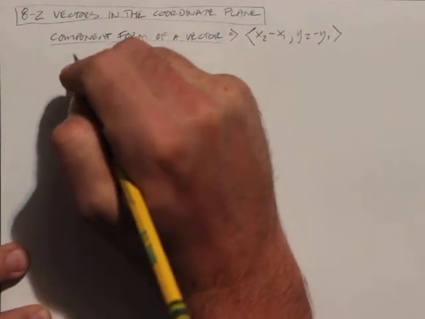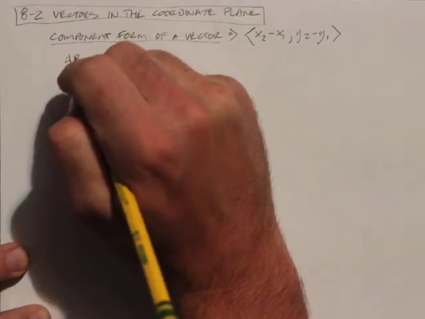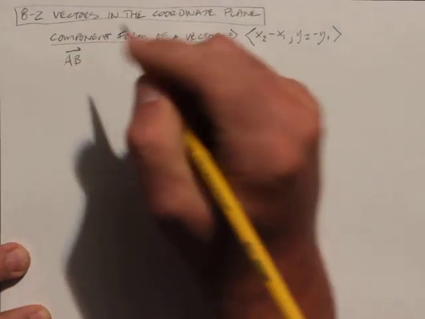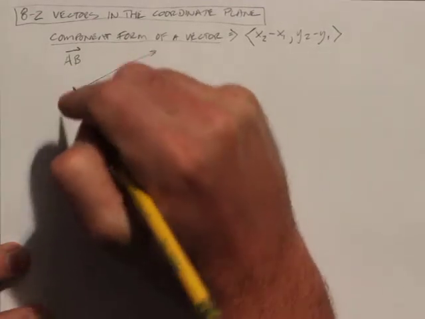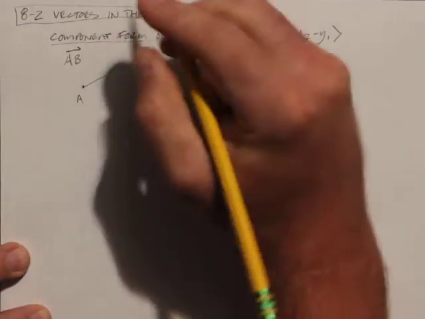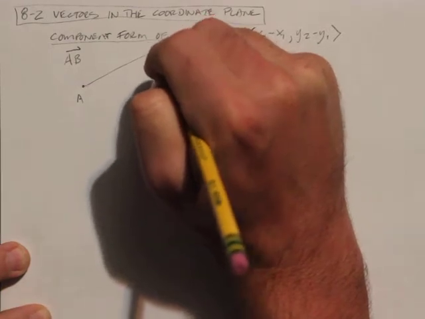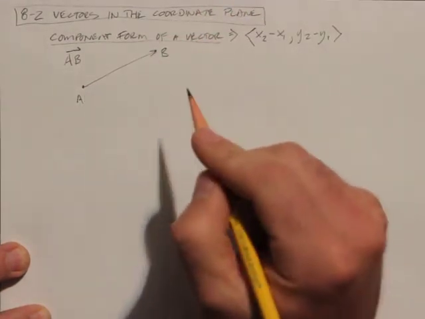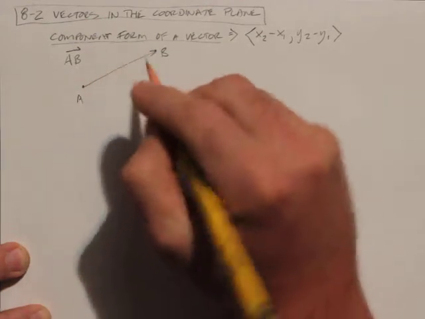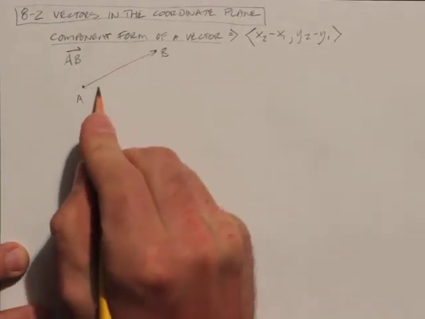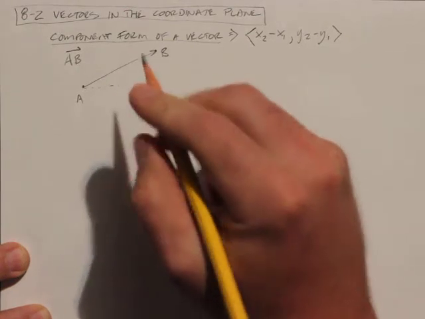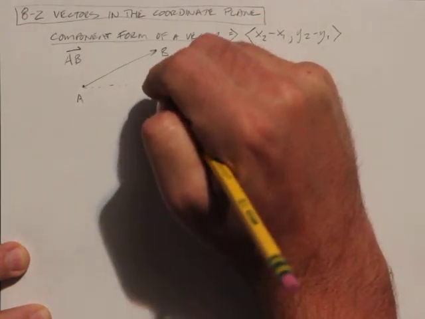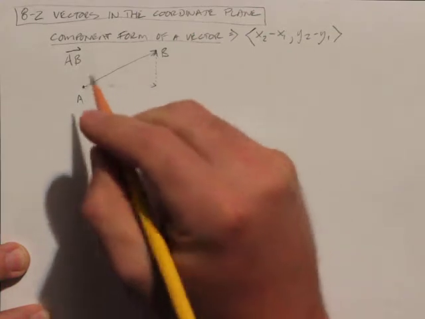So here's vector AB, and we're going to draw vector AB. So here's A, B, head, tail, and then we've got the horizontal and the vertical components.